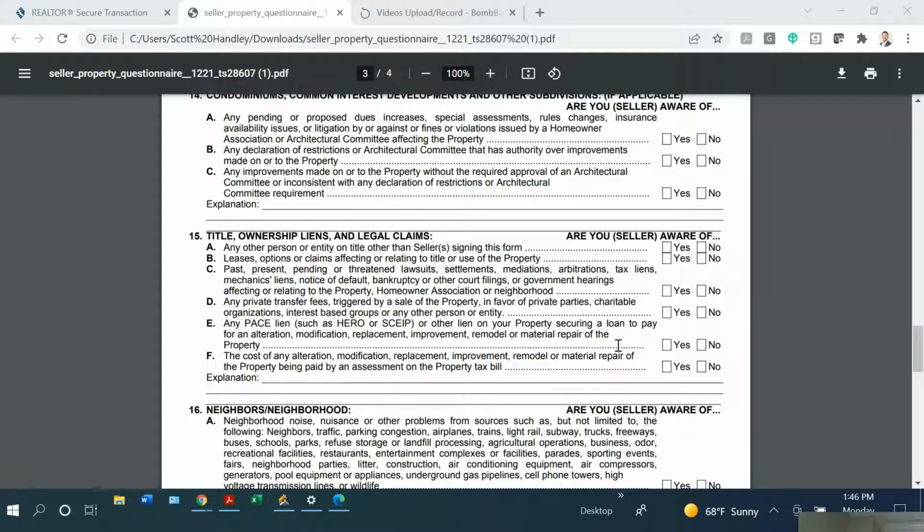Very popular ones are the PACE liens or the HERO liens, because there are a lot of salesmen that went in and got these homeowners to sign up for these improvements, such as solar, and then it's billed through their property taxes.